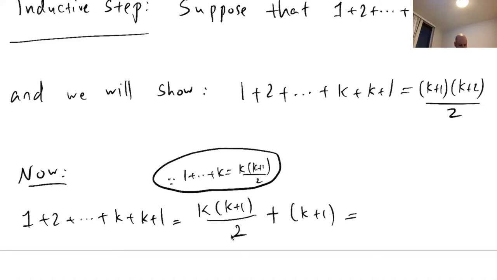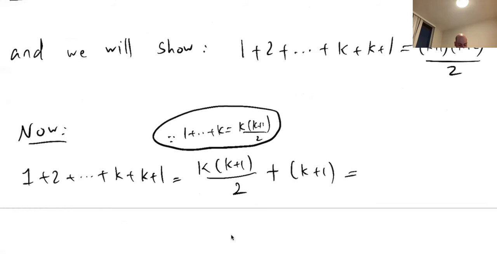Now, to simplify this, I can take k plus 1 as a common factor. Look, I have the addition of two terms, and k plus 1 is a common factor.